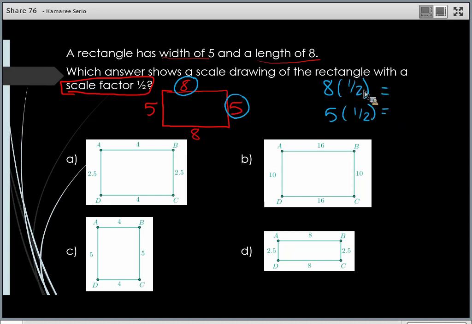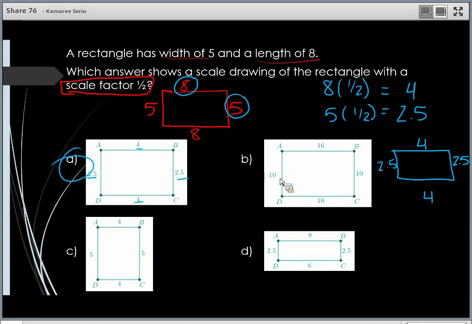Remember, you can type this into a calculator. 8 times 1/2 is going to give you 4. 5 times 1/2 is going to give you 2.5, which means that my new rectangle is going to be 2.5, 2.5, and 4, and 4. So if I look, I have 2.5, 4, 2.5, 4.